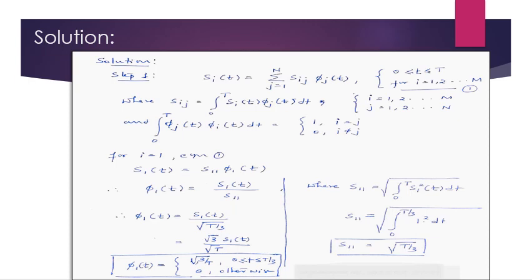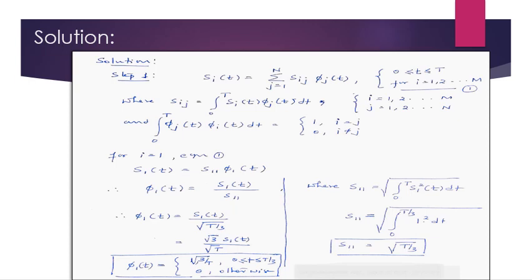So let us substitute S11 in phi 1 of t. That is, phi1 of t equals S1 of t divided by root of T by 3, as we already defined S11 equals root of T by 3. By solving the above equation, the denominator goes to the numerator, therefore it will be root of 3 by T times S1 of t.